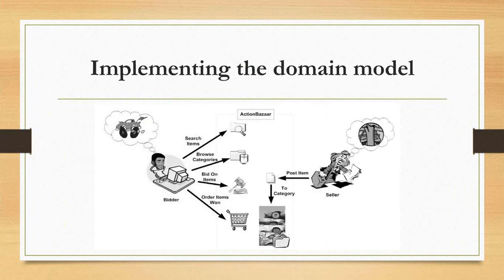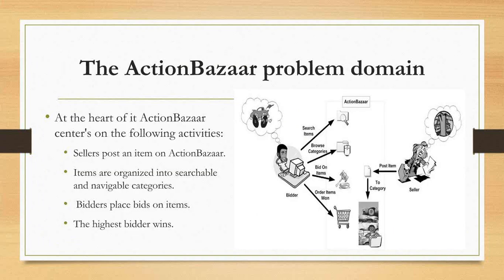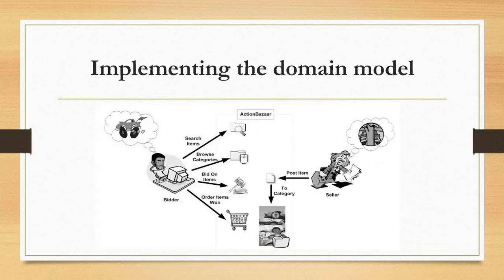You can check this. Now can you people tell me, just look at this diagram. If you want the description, I'll show you, but this is a complete diagram. Now check the activity in this Action Bazaar. This is the activity which goes on in this Action Bazaar, and try to identify the entities which are involved in this problem domain or business domain.